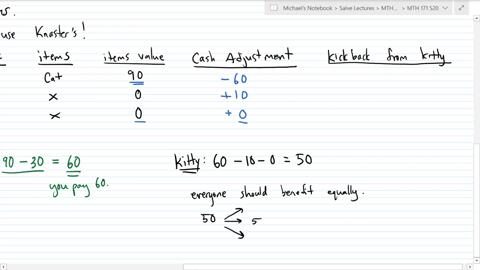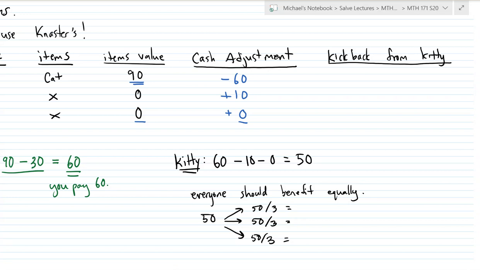Well, that's just 50 divided by 3 to each person involved. Okay, so what's 50 divided by 3? Yeah, I should probably know stuff like this. We got 16.67. I definitely did not need to use a calculator to do that.